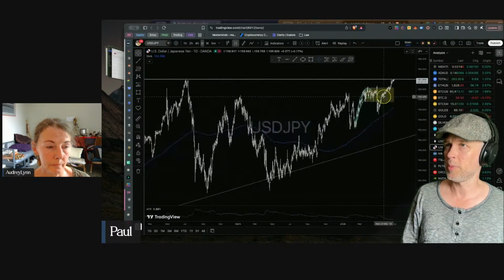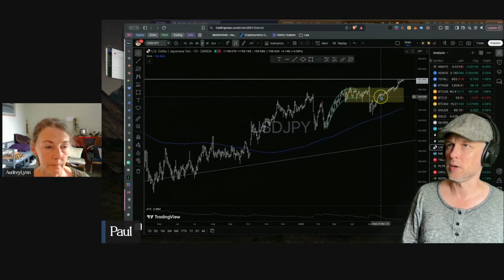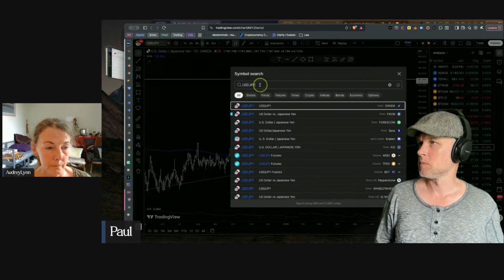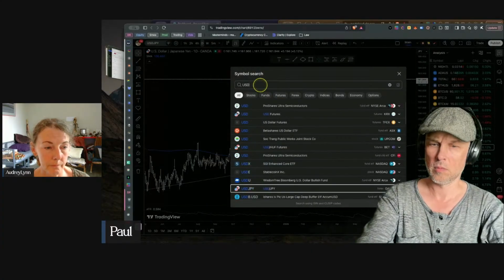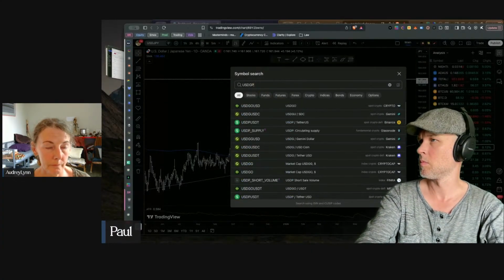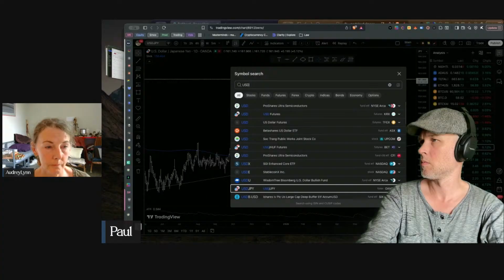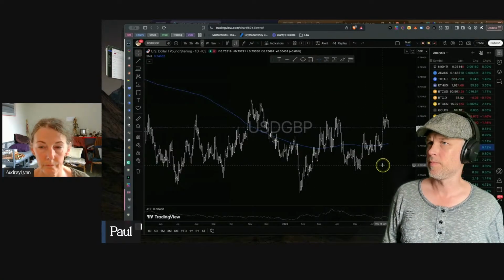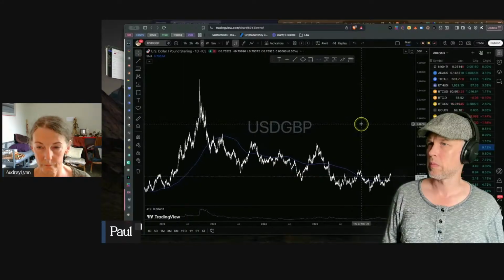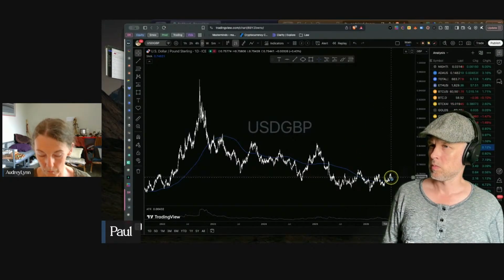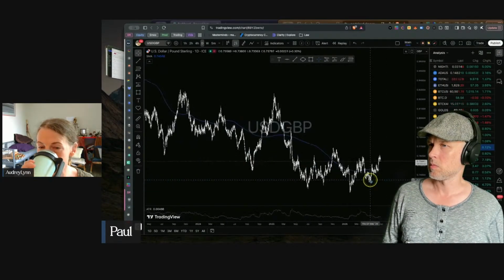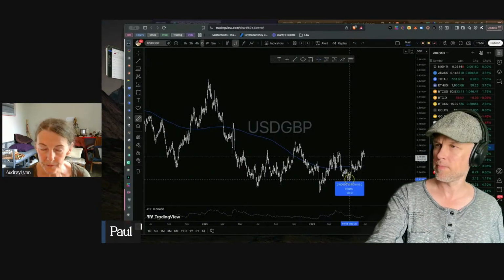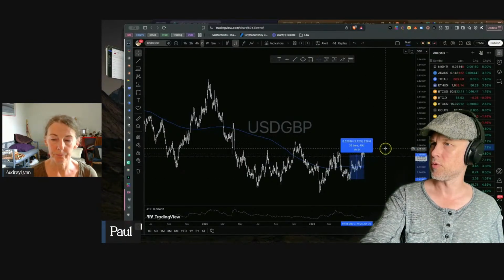We're bumping up against these all-time highs on the Japanese yen. Against the British pound, since the end of May, up 3%.